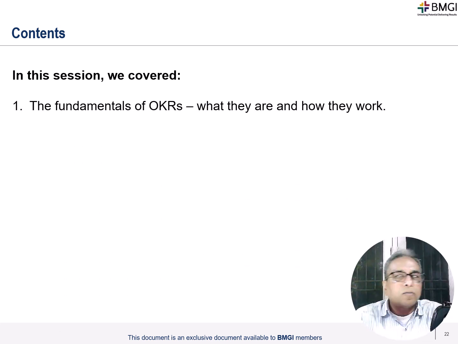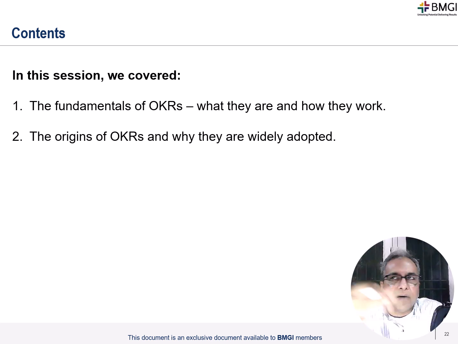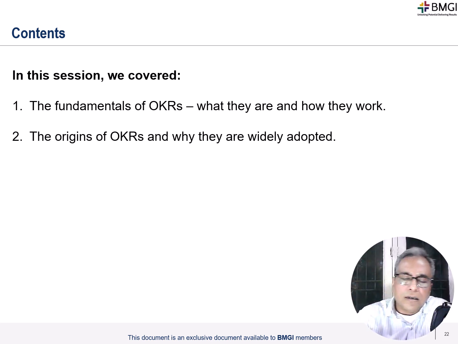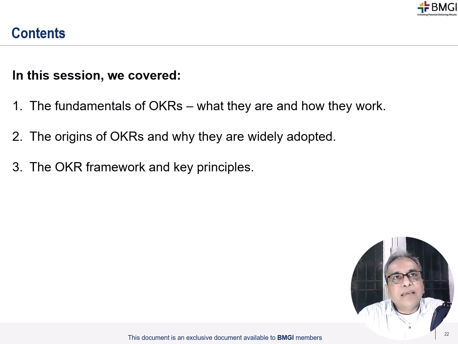And so essentially, just to go back and talk about it, what we covered was the fundamentals of OKR, what they are and how they work. We spoke about the origins of OKR, so Andy Grove, John Doerr, Peter Drucker, and why it was widely adopted, and which companies did that. OKR framework and key principles.